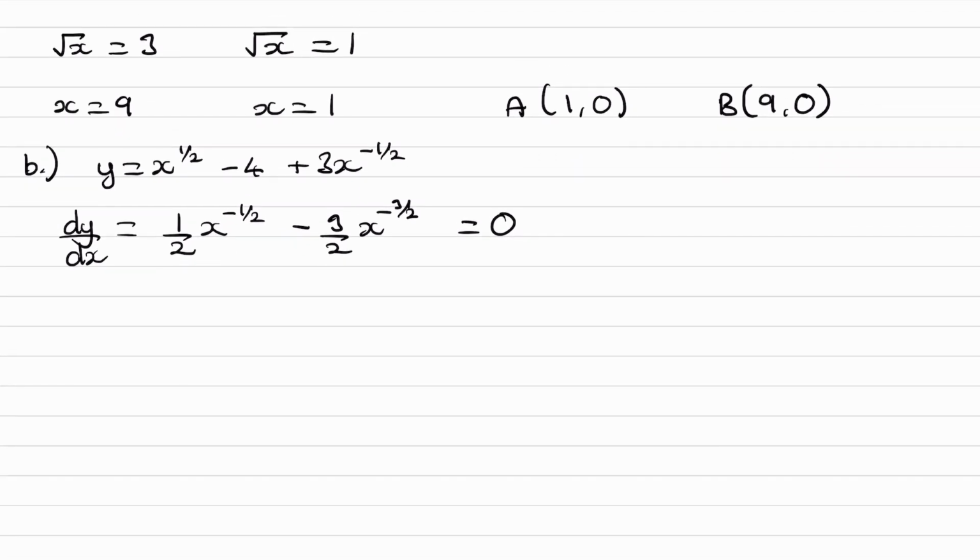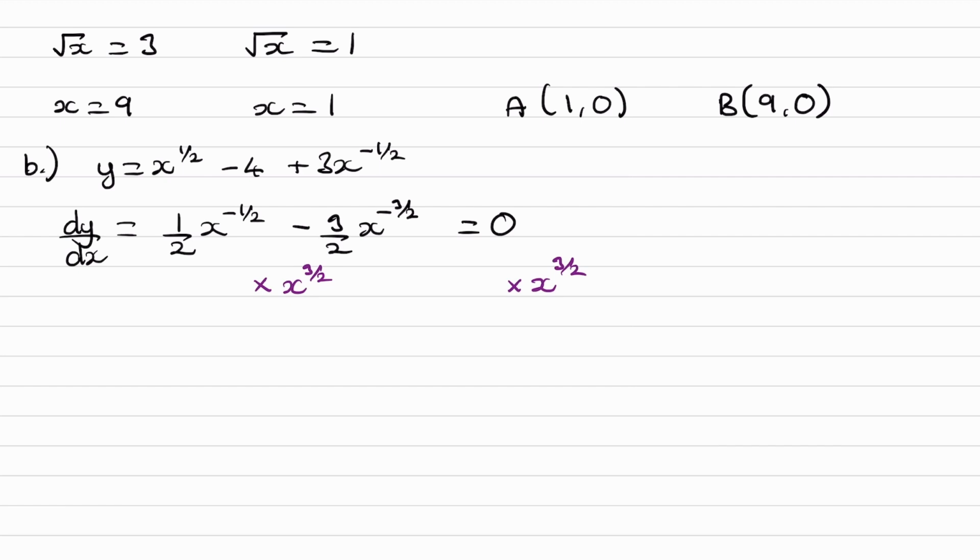So how do we solve this equation? If I were to times both sides by x to the power of 3 over 2, which is this number here but positive, I would get rid of any negative powers, and I would get rid of any fraction powers. So this becomes, if I multiply this by this, the powers add up.